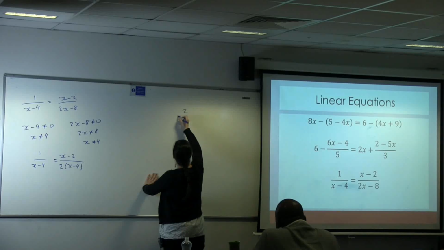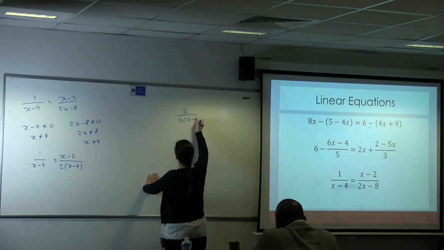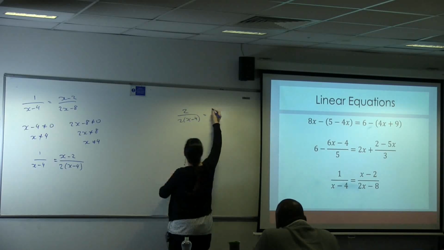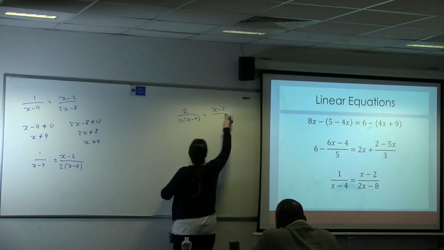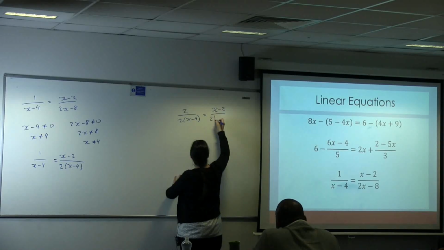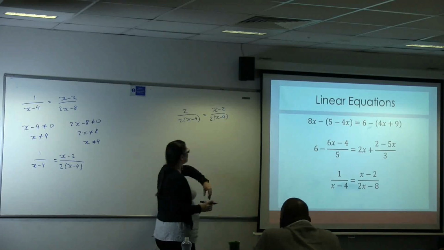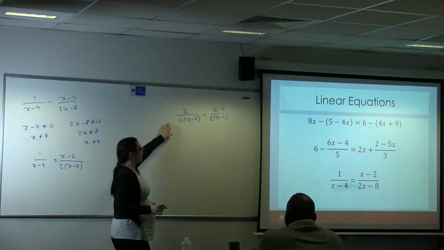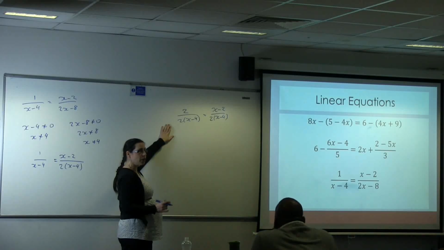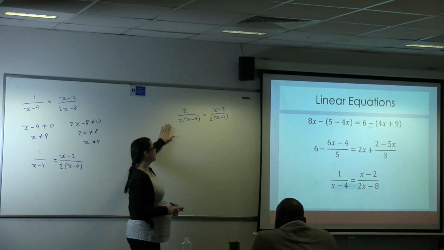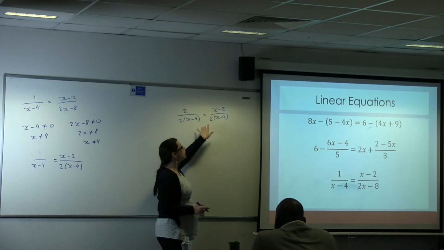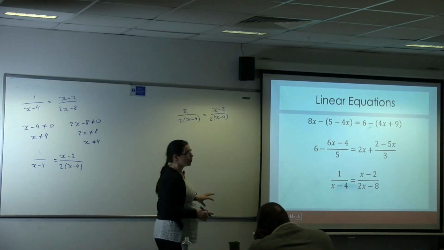So 2 over 2 times x minus 4 has to be equal to x minus 2 over 2 times x minus 4. Now what I would do next is multiply up by the common denominator, or knowing that the denominators are equal, the numerators have to be equal too.